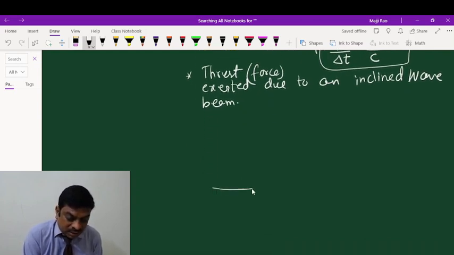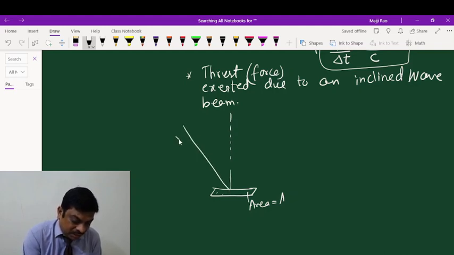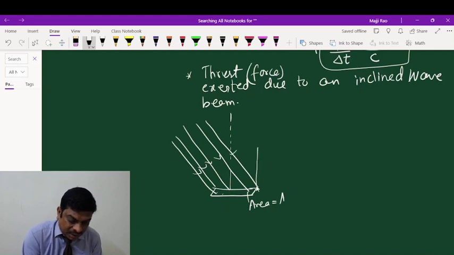Now let us say this is the area, I have taken the area as A. This is the normal to the area. So the beam corresponding to electromagnetic waves is coming like this, making an angle theta with the normal to the area.